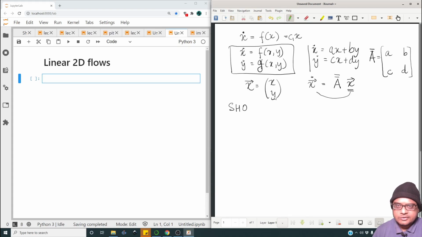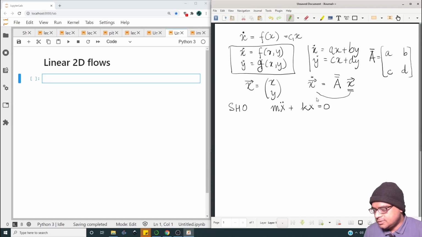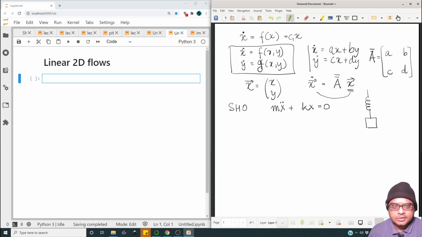The governing equation is m x double dot plus kx equals 0. This equation governs the motion of a block on a spring: if the distance from equilibrium is x, the spring constant is k, and the mass of the block is m, this equation governs how x changes in time.